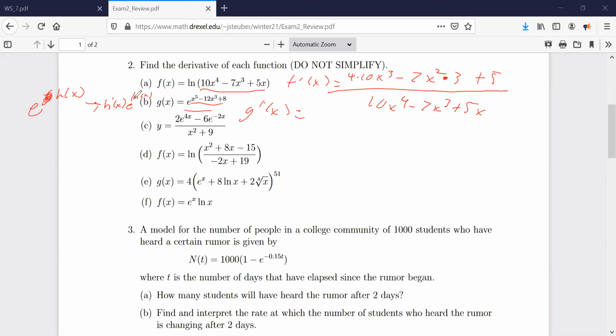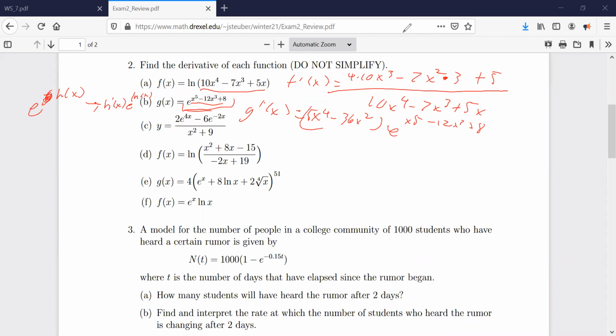So that's the general rule that we have, that's how the chain rule manifests with e to the function. And in this particular case, that'll become 5x to the fourth minus 36x squared, that times e to the x to the 5 minus 12x cubed plus 8.